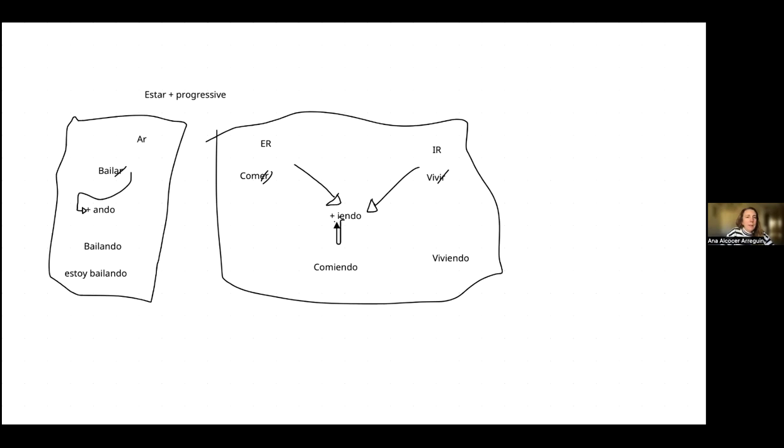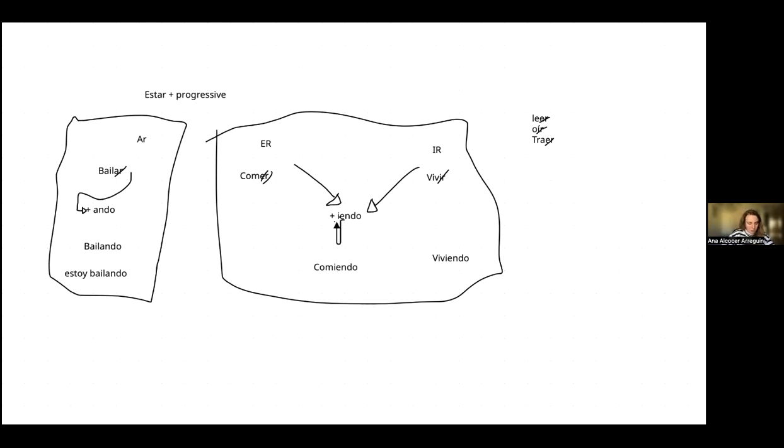There are verbs like leer, oír, and traer, that when you drop the endings, you have a vowel.